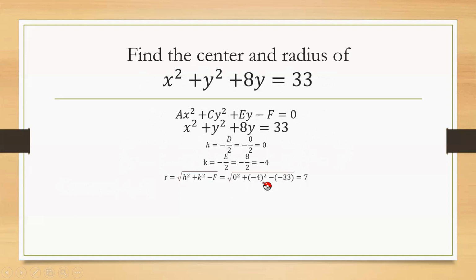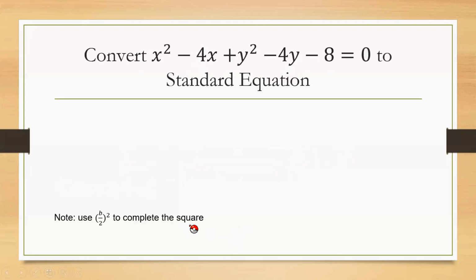By the way, our f here is -33, not 33, because first we have to transpose 33 to the other side, and when we transpose a number, we change its sign. So from positive, it becomes negative. So if we put this in our calculator, or if you can do it manually, we can get 7. Therefore, our center is at 0, -4, and our radius is 7.